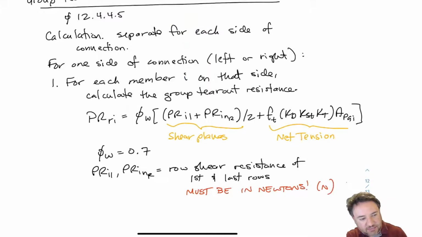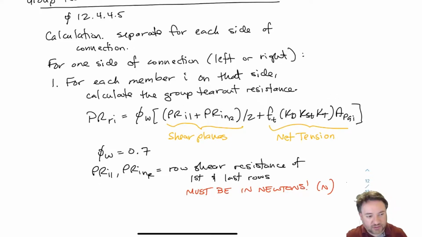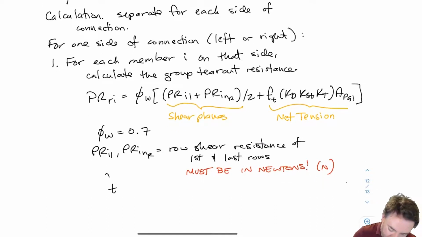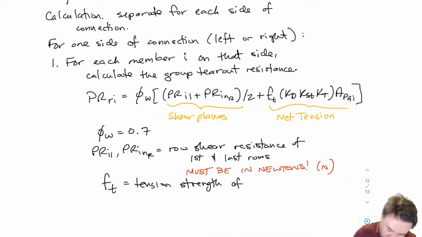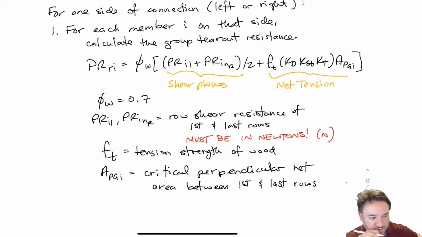Because FT is in MPa, APGI is going to be in millimeters squared, so MPa times millimeters squared is going to be in newtons. So to add this, which is going to be in newtons, to this, the one on the left has to be in newtons as well. So that's a tripping point that a lot of people will run into when using this equation if they're not careful. Okay, FT is our tension strength of wood, which we get from our regular tables. Okay, and APGI, as we said, is just the critical perpendicular net area between the first and the last rows.